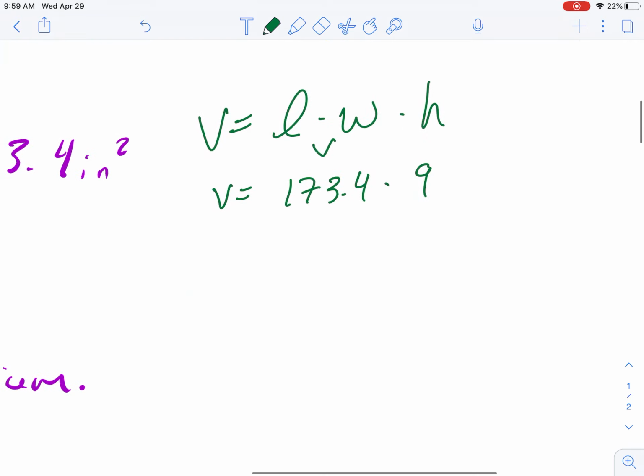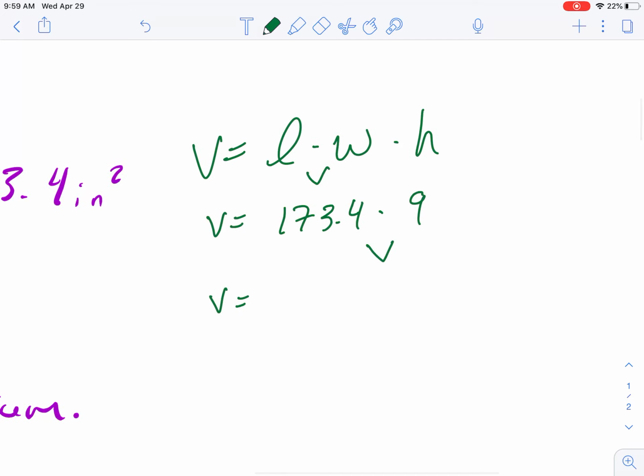And now all we're left to do is replace my height by what we're being given, which is 9. And if we want to find a volume, we simply multiply the base, which this represents the area of base, times the height, and we end up with 1,560,000 and 6/10 inches cubed.